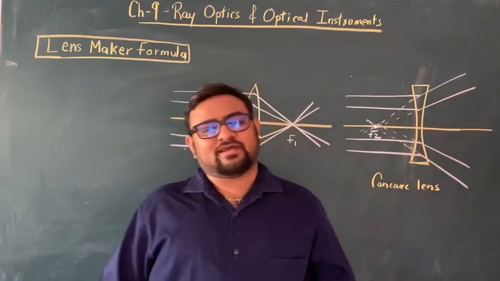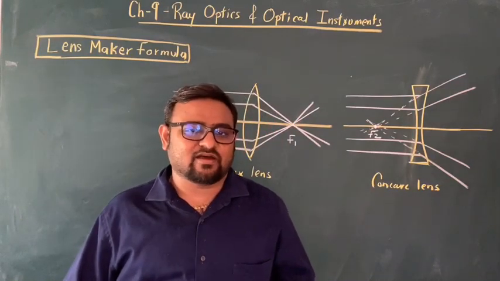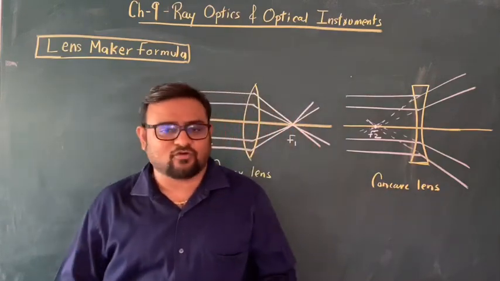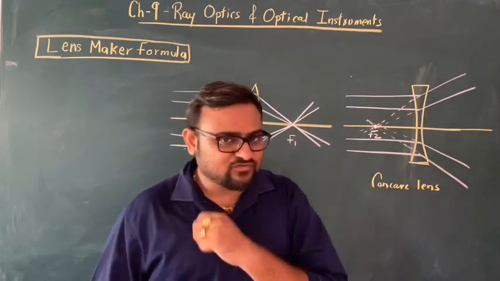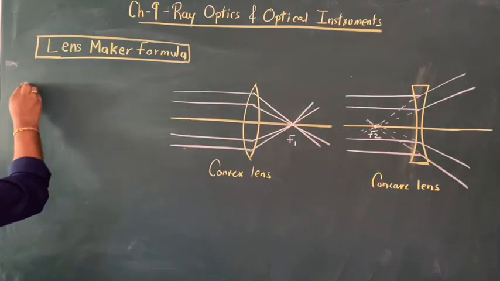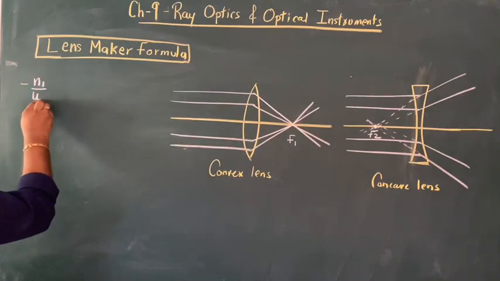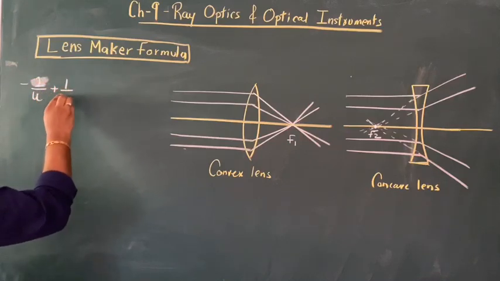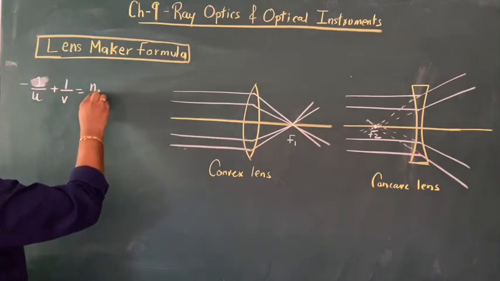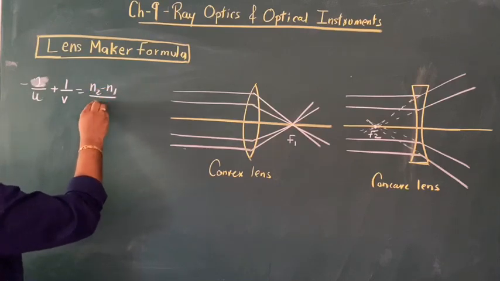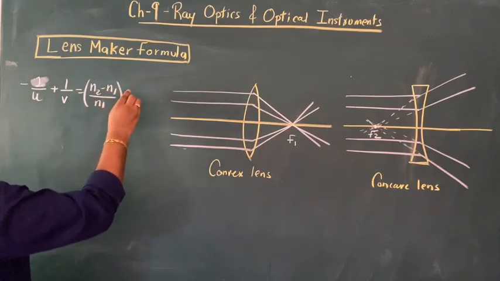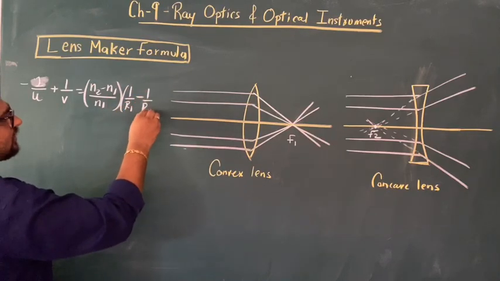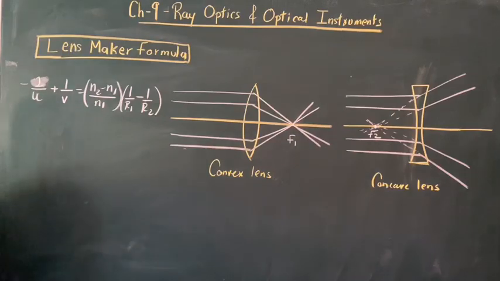The next topic is the lens maker formula. Now see, we had seen the formula for a thin lens. What was the formula? Minus 1 by u plus 1 by v equals n2 minus n1 upon n1, 1 by r1 minus 1 by r2.